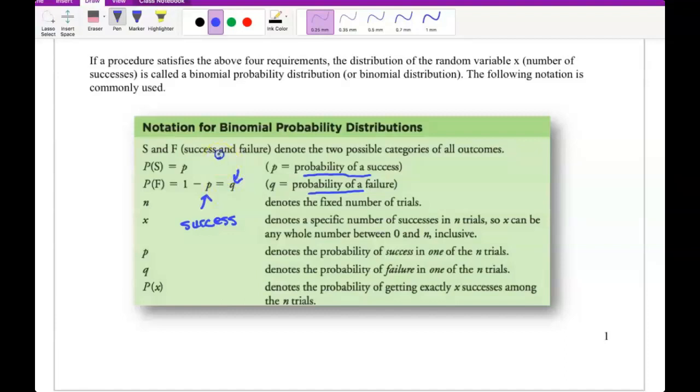So this is probability of failure, and this one is probability of success.